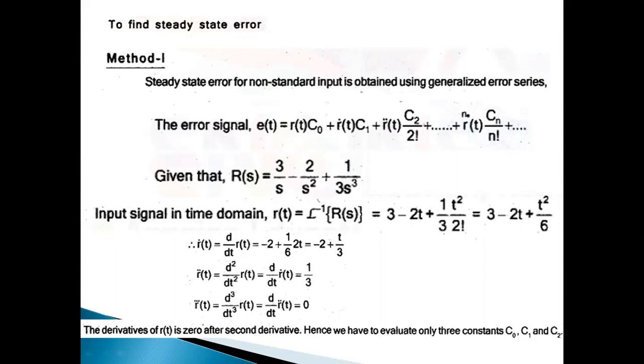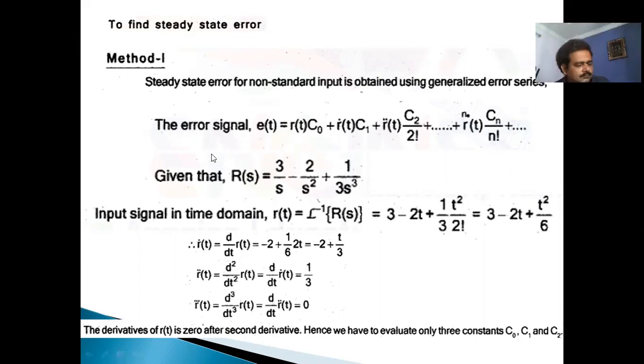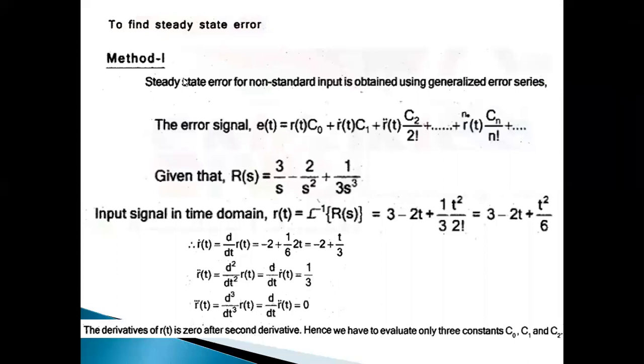Just note down. Now, these are the generalized error coefficients, the formulas for generalized error coefficients.